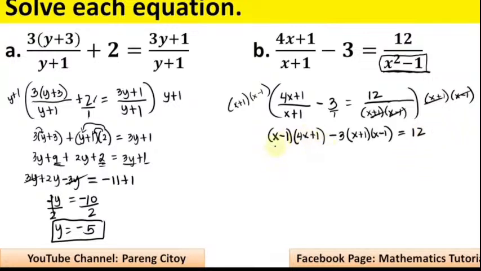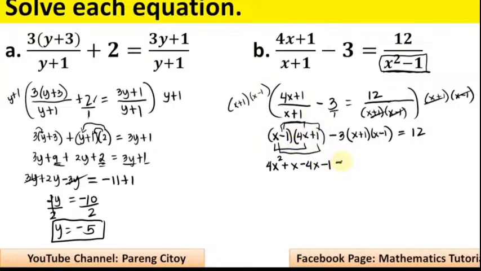Next, simplify. This one becomes 4x squared, then x times positive 1, that is plus x. Then this one becomes negative 4x, and this one becomes negative 1.